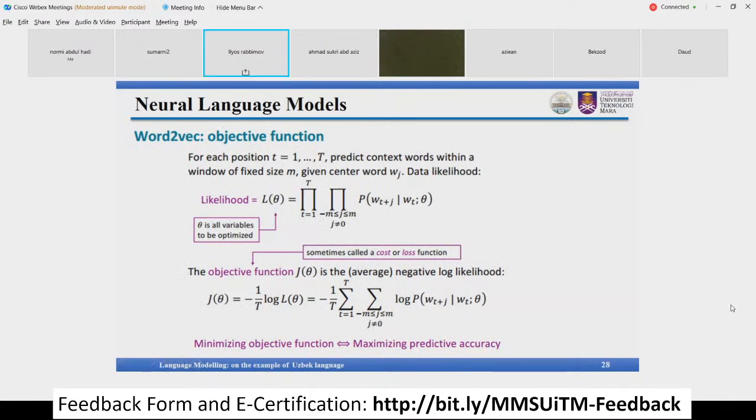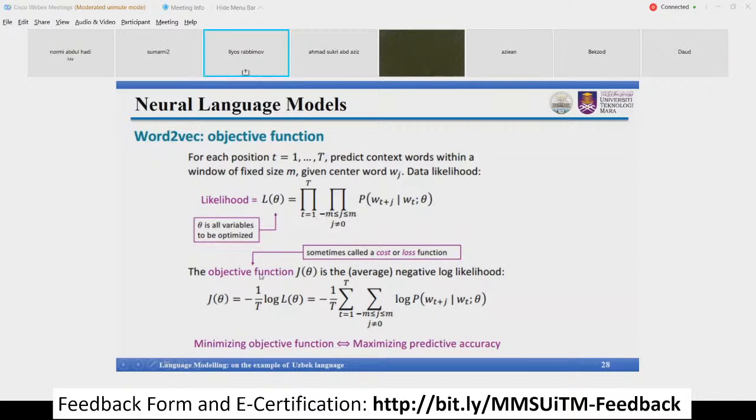For each position T, predict context words within a window of fixed size M, given center word W_T, and W_T is the target word. Data likelihood, and theta is the set of all variables to be optimized. This is the probability.